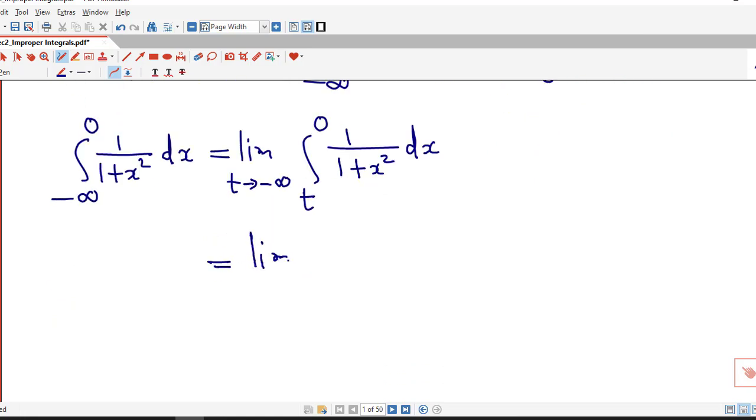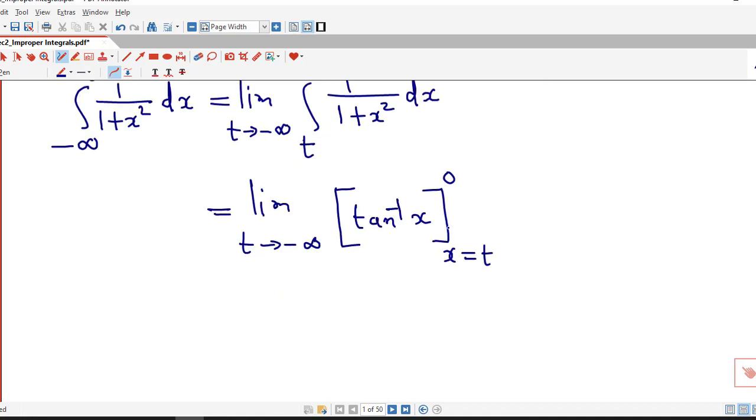Now the integral of 1 over 1 plus x square is nothing but tan inverse x, and x is from t to 0.